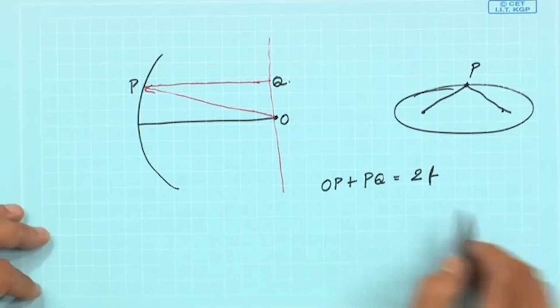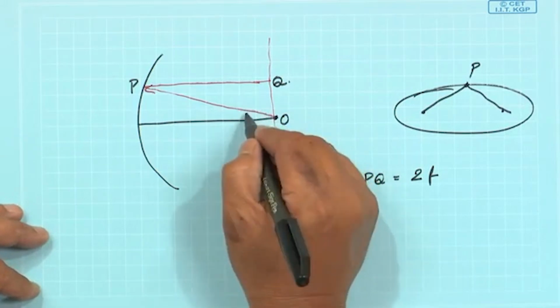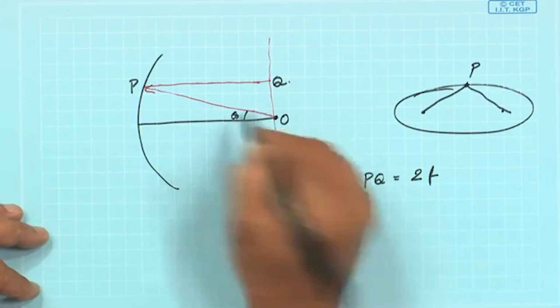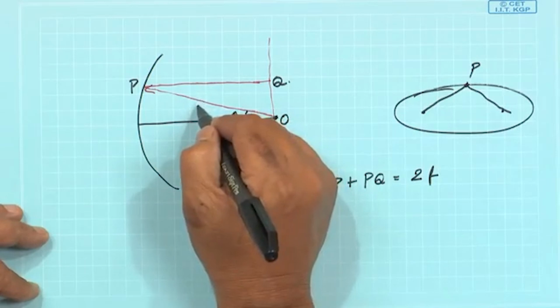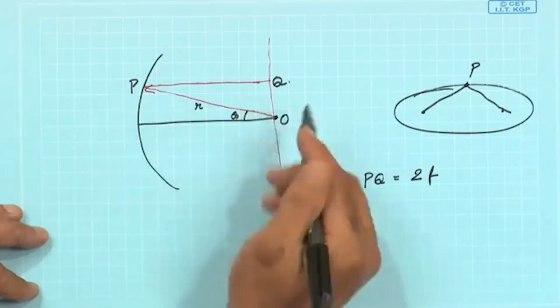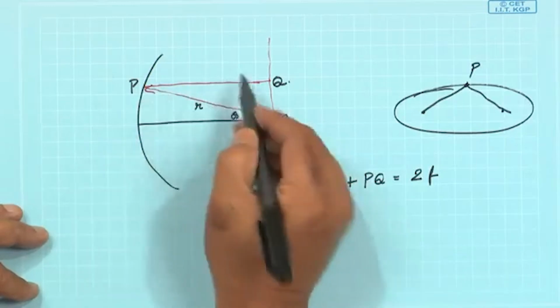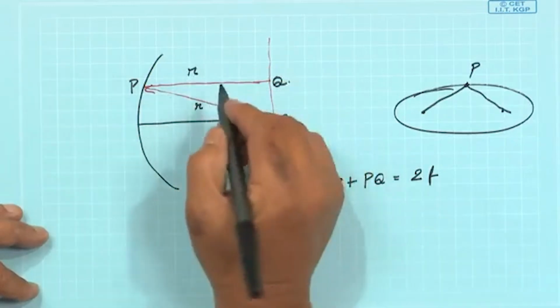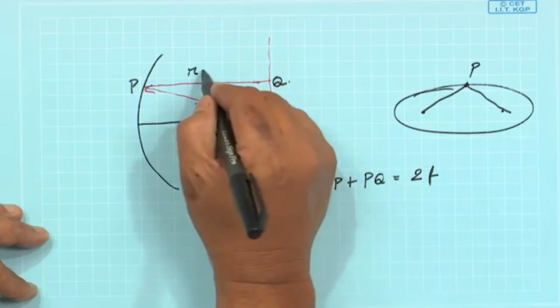Okay. Now, you can see from the geometry that this angle is theta. If this distance is r, then this will be r cos theta.